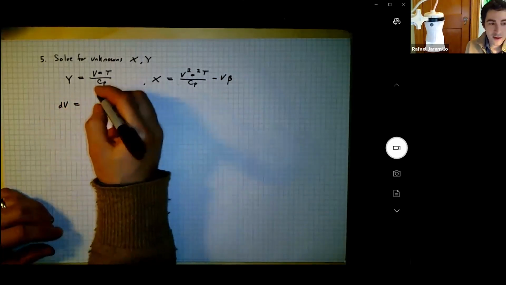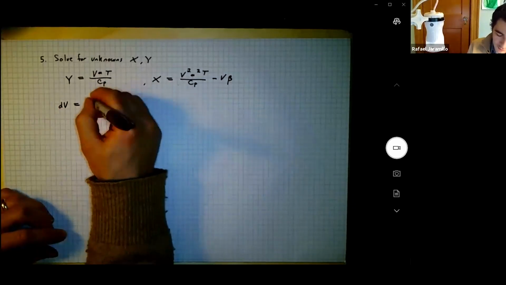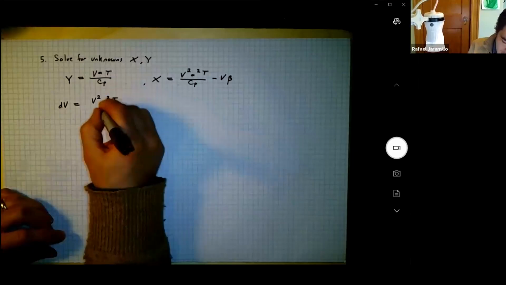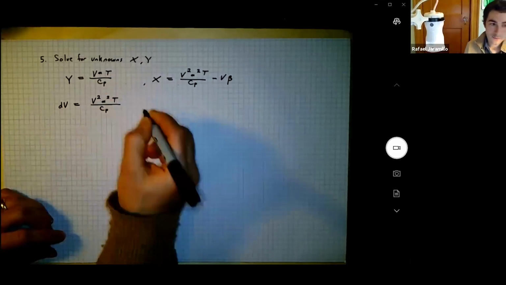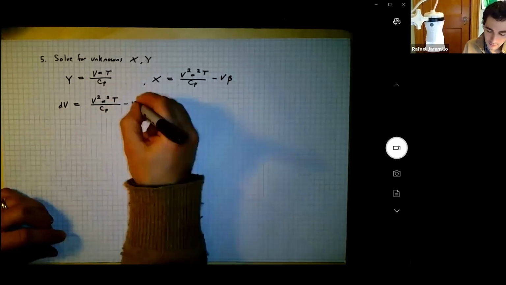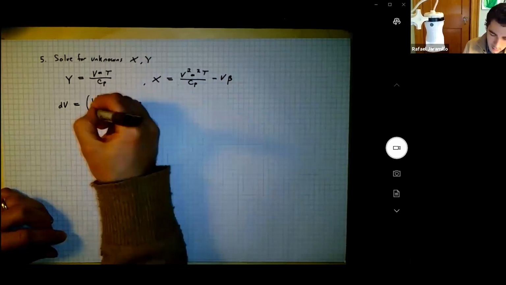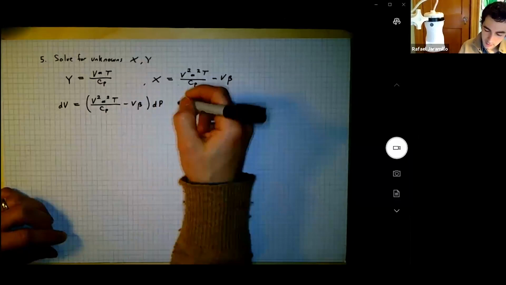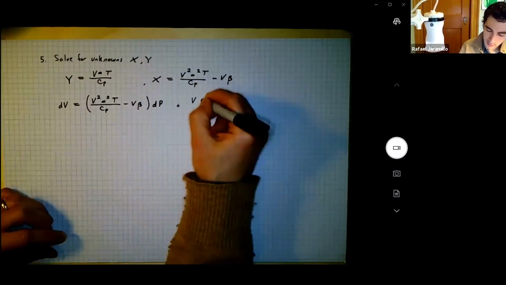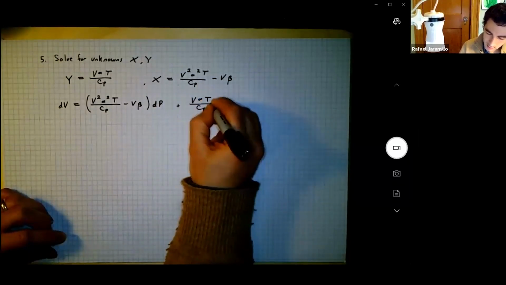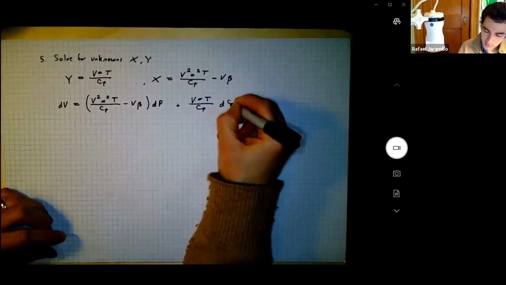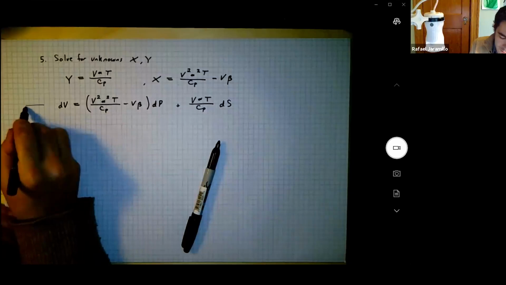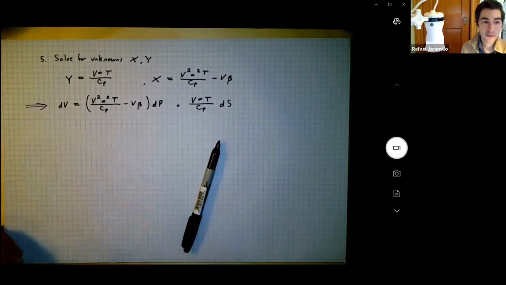So here's the final answer. dV equals V squared alpha squared T over Cp minus V beta, times dP, plus V alpha T over Cp times dS. This is the thing we were looking for. That's it.